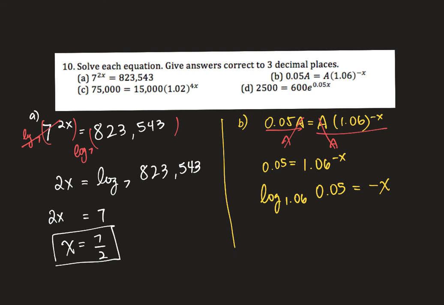From there, using your calculator again, log of 0.05 divided by log of 1.06. And this gives us negative x is equal to negative 51.412. So x is equal to 51.412. You should check this again using the calculator. So 1.06 raised to negative 51.412, and using a calculator, it should give you 0.05.